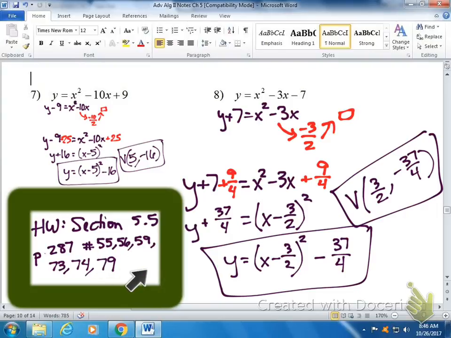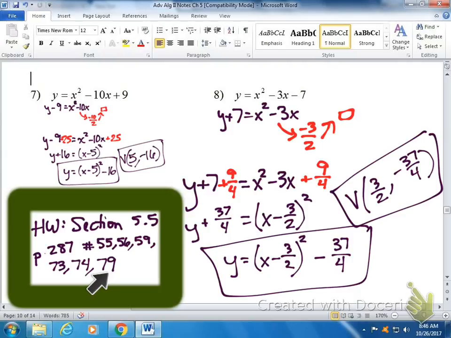So homework for this entire section. I realize on second hour's guided notes, you have no homework assignment. So just for second hour, section 5.5 is going to be a combination of these two. You're only going to be able to do 73, 74, and 79 over the weekend.